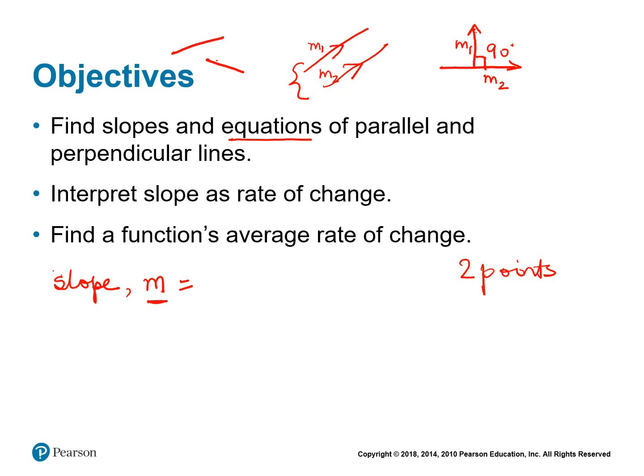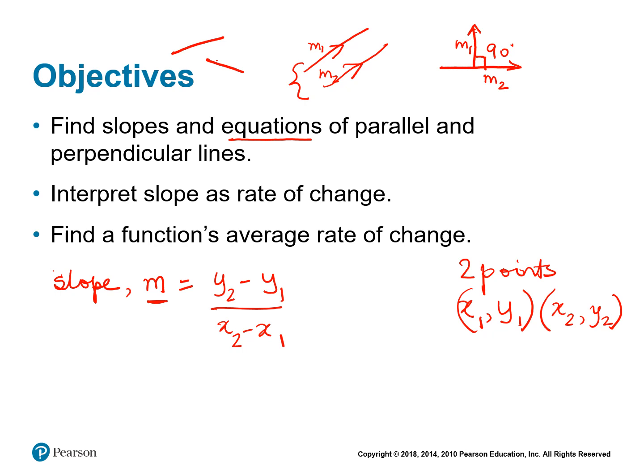So all we need to find the slope are two points, and let's denote the coordinates of the two points as (x1, y1) and (x2, y2). Once we have the coordinates of the points, we apply those values into a formula, which is y2 minus y1 divided by x2 minus x1.